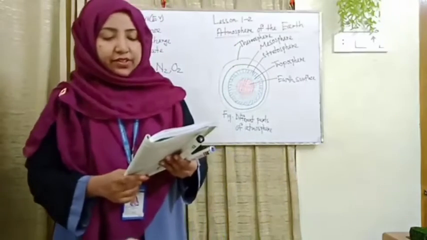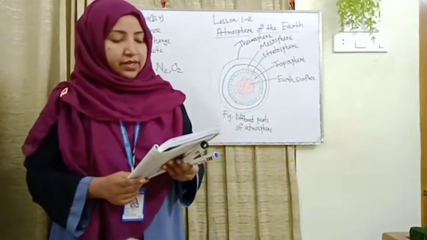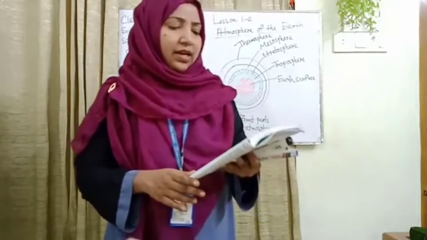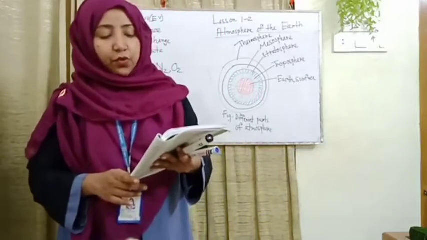The earth attracts everything towards it. Due to the attraction, gases of the atmosphere remain near the earth's surface. That is why the atmosphere near the Earth's surface is compact.